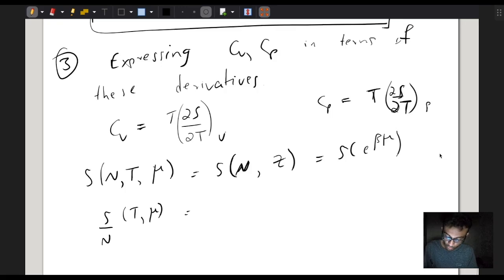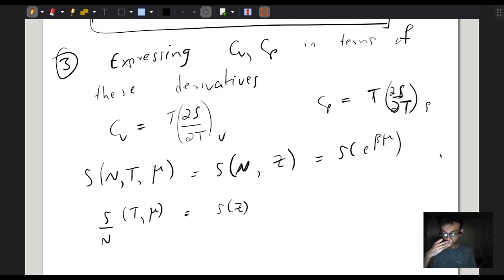So this is some function of, let's say, Z. We have shown this for the Fermi gas. This derivation is also very similar.